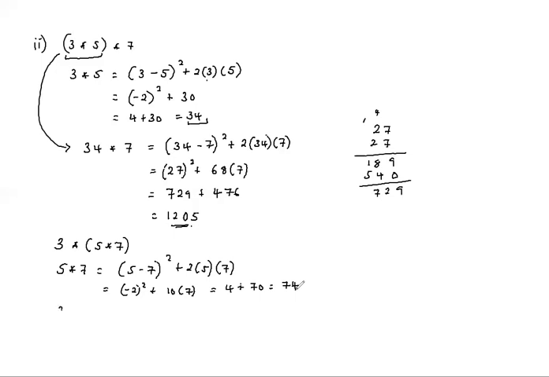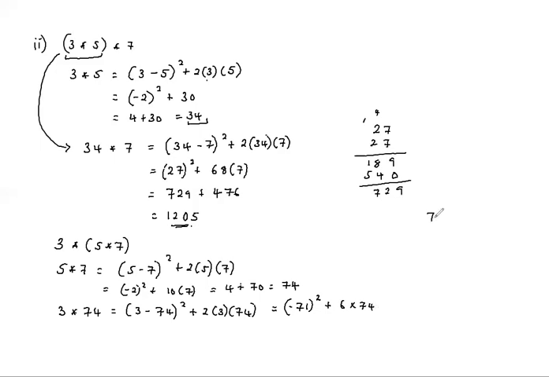So we take back, we now have 3 star 74, which is 3 minus 74 squared plus 2 times 3 times 74. And this is equal to negative 71 squared plus 6 by 74.